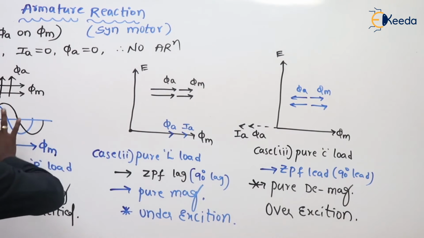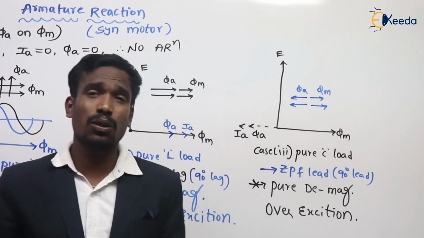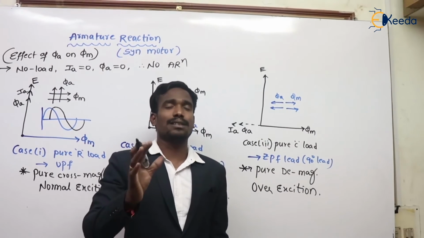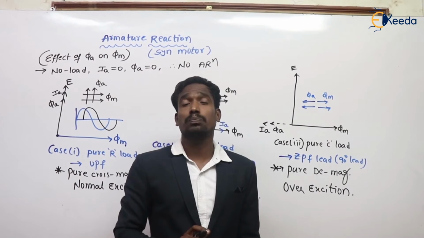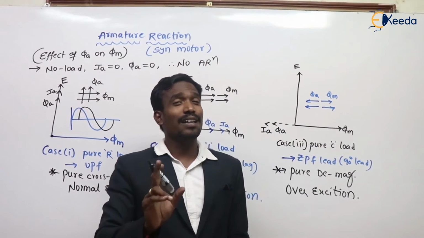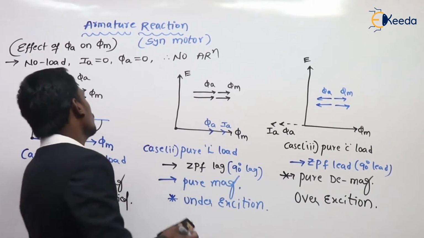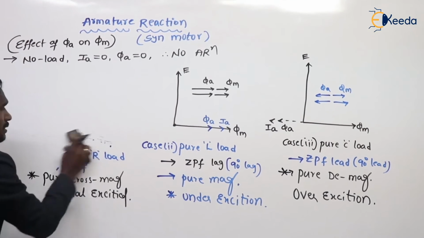This is the armature reaction for case 1, pure resistive load, case 2, pure inductive load, and case 3, pure capacitive load. But we have another 2 special cases, RL load and RC load. Let's go for RL load. See here what happens for RL load and RC load.